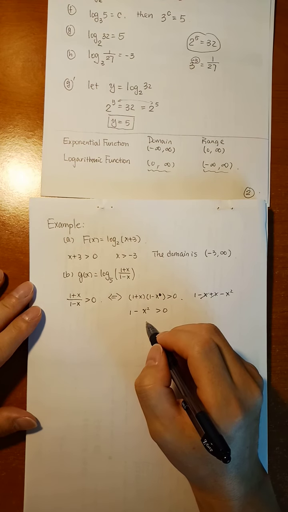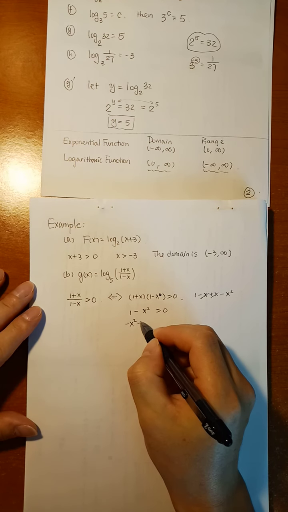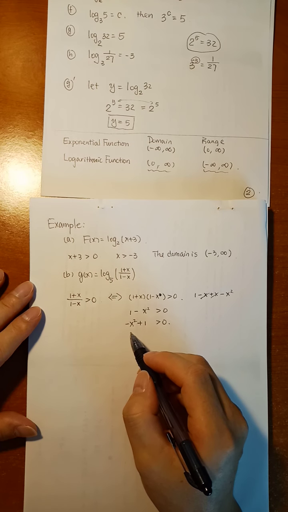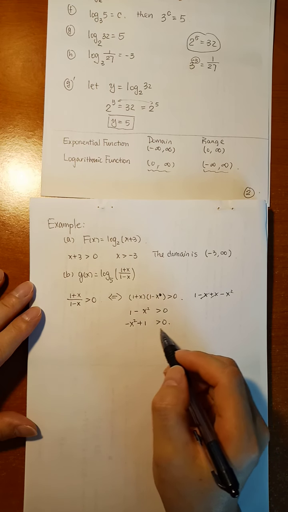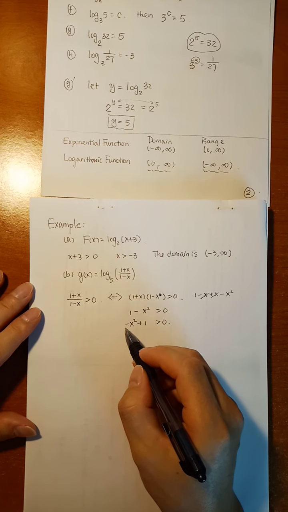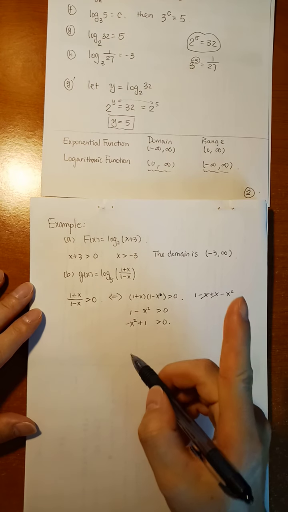This is a quadratic polynomial, but not the usual one we study. When we use a quadratic polynomial together with an inequality, we assume the leading term is positive. Here it is negative, so we multiply this inequality by -1.